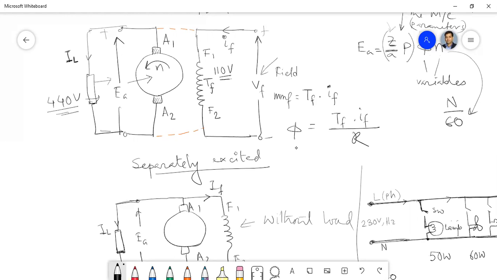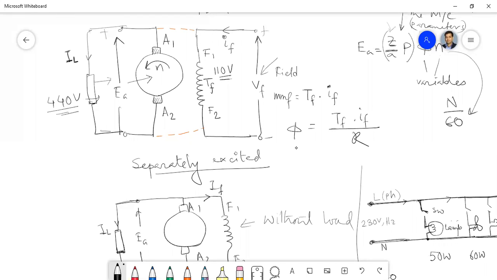So the field current is in no way hampered by the load current. But that is not the case for self-excited machines. Today we don't have much time, so I won't discuss that.